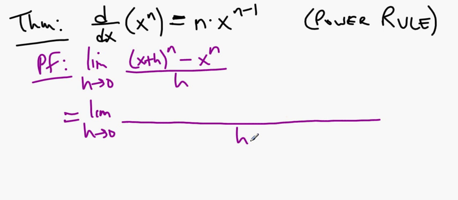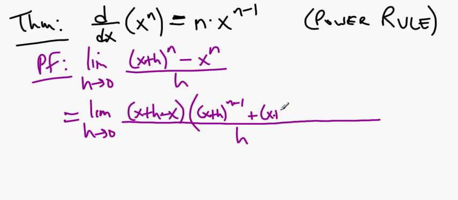When you factor the difference of two nth powers, here's what you get. You get the difference between the bases, and then you get the first guy to the n minus 1, and then you get that to 1 power less times x, and so on.